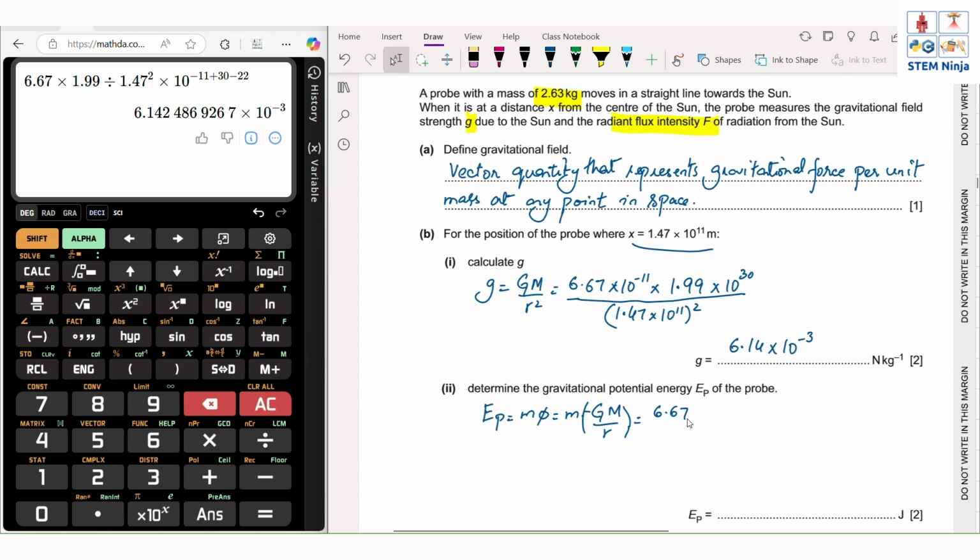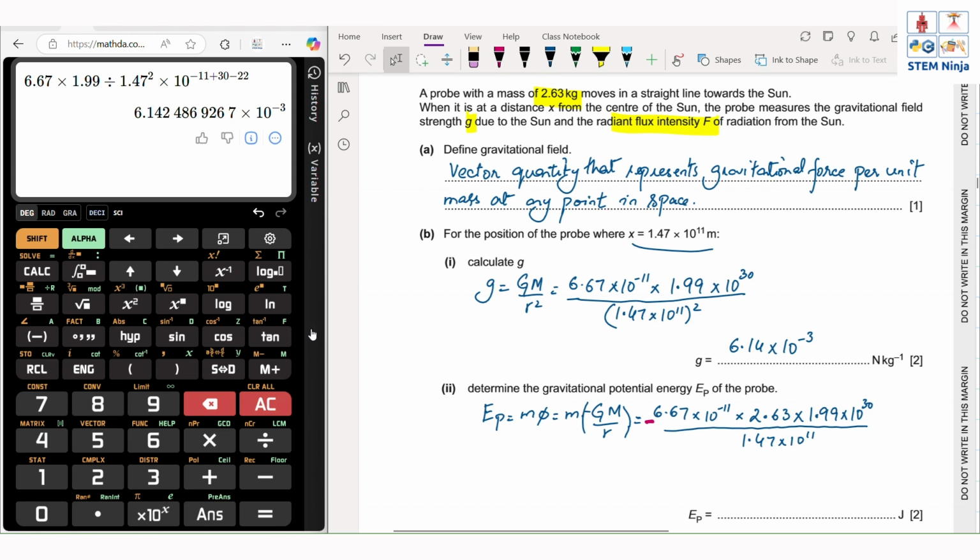So 6.67 times 10 raised to power minus 11 times the mass of the probe, times the mass of the sun, divided by R, which is given as 1.47 times 10 raised to power 11, and the minus sign over here.